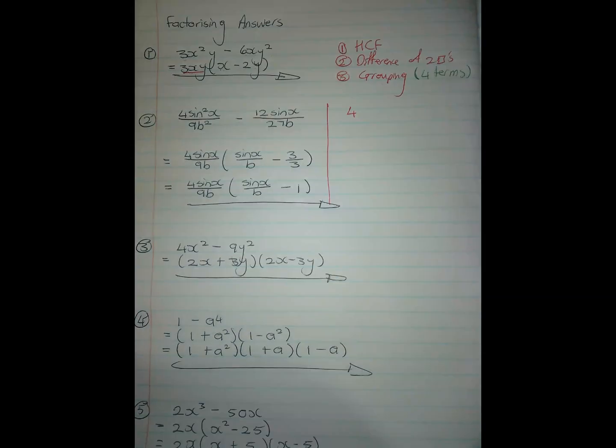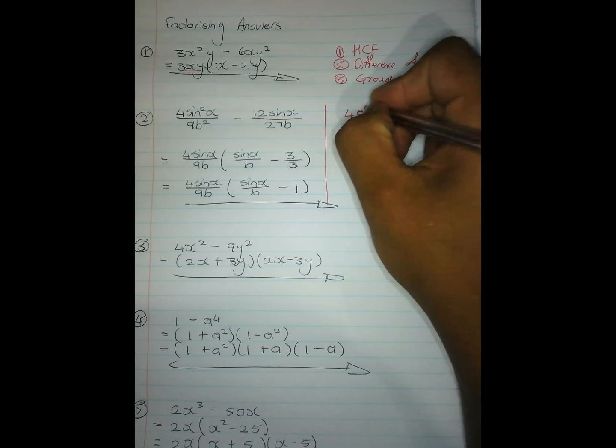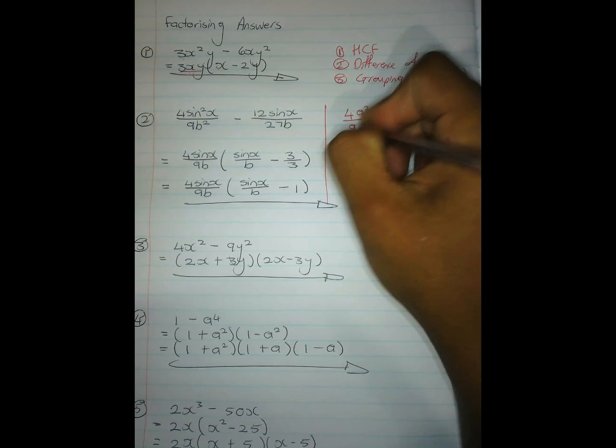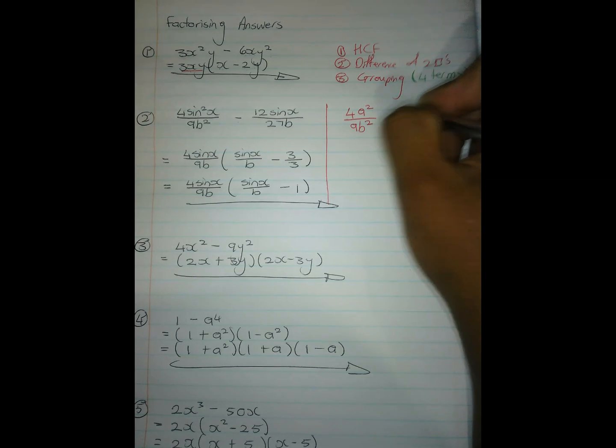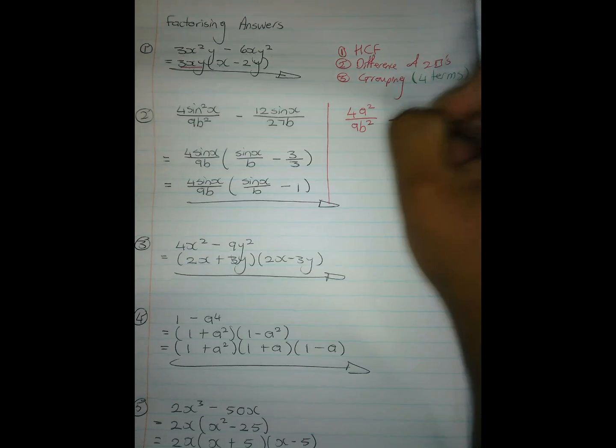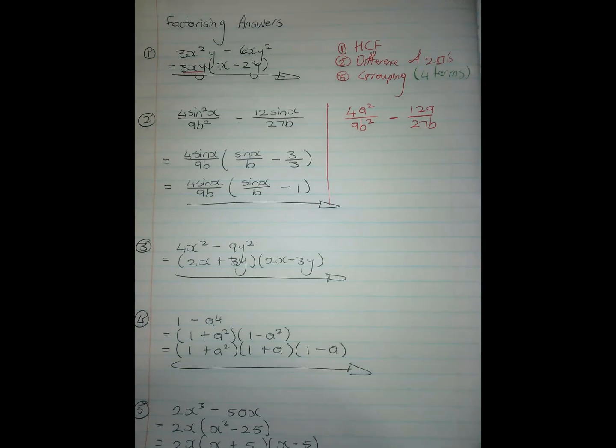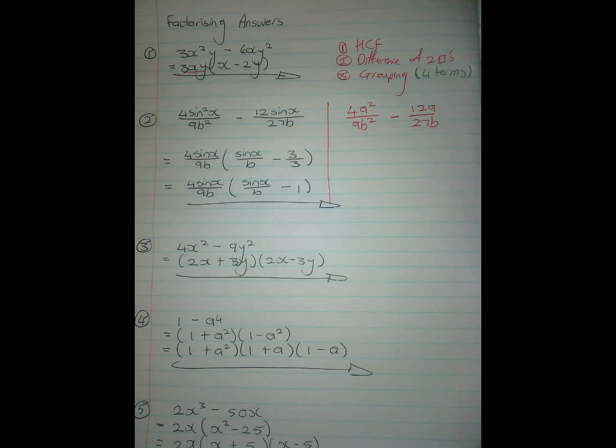But let us look at it like this. Think of it as 4a squared over 9b squared minus 12a over 27b. It's the exact same thing. That is just a variable, a placeholder.